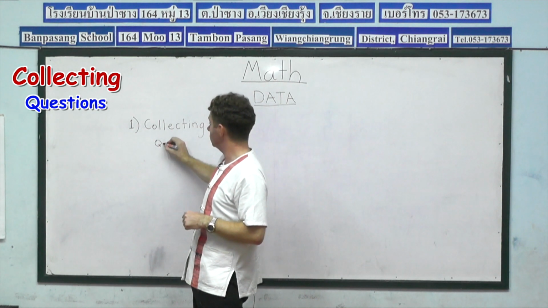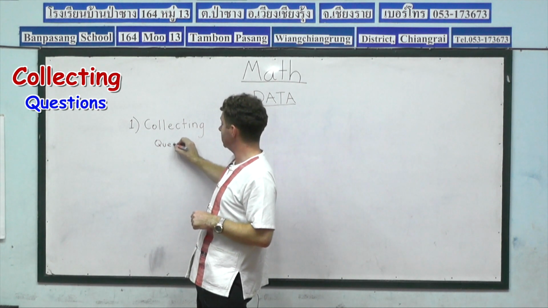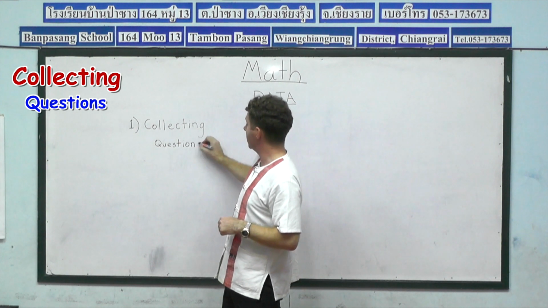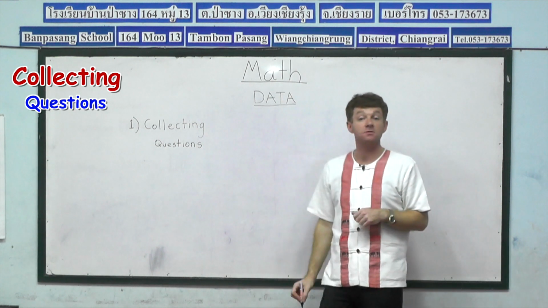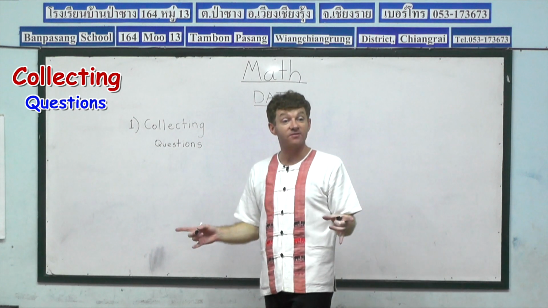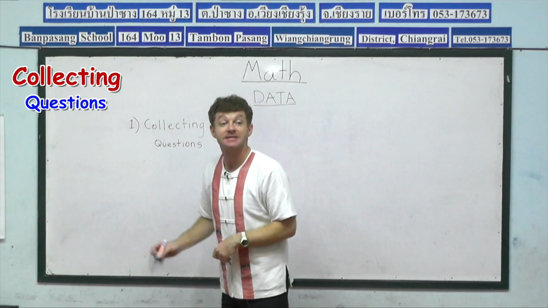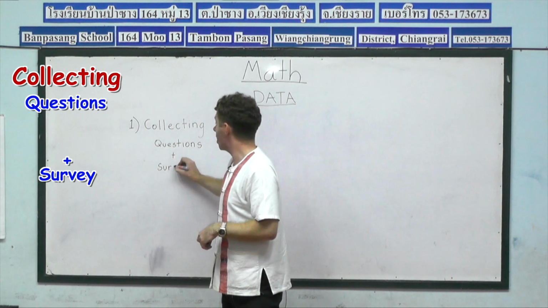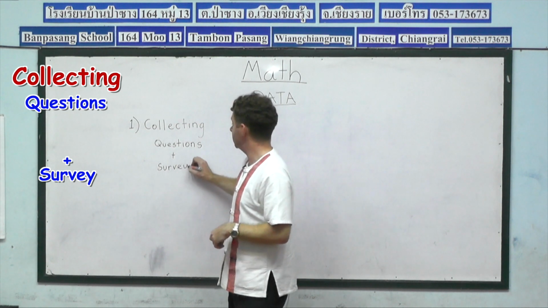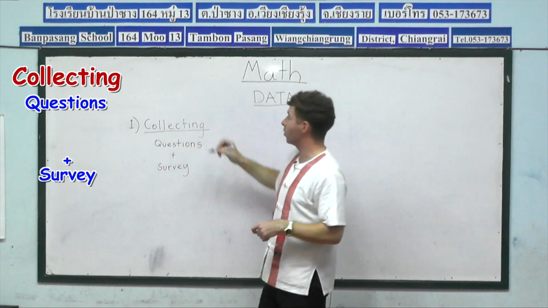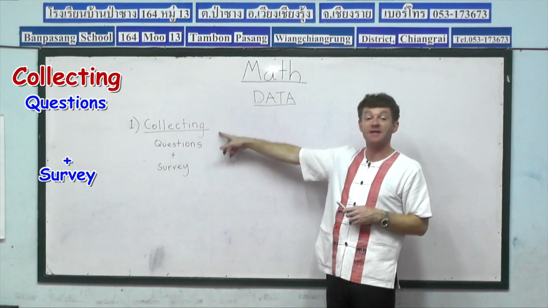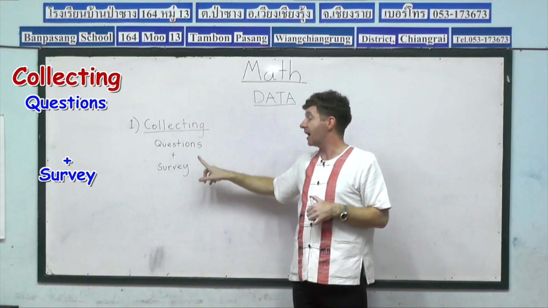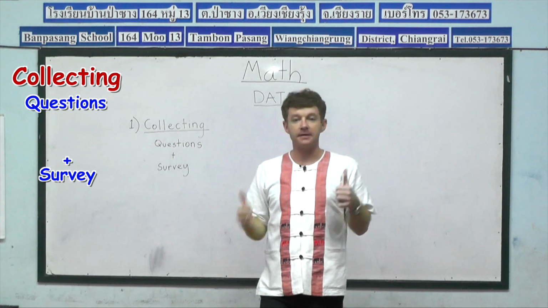Questions, Q-U-E-S-T-I-O-N-S, and a series of questions together is called a survey, S-U-R-V-E-Y. So that's step 1 taken care of, guys. Collecting data with questions and survey. Yes, well done.